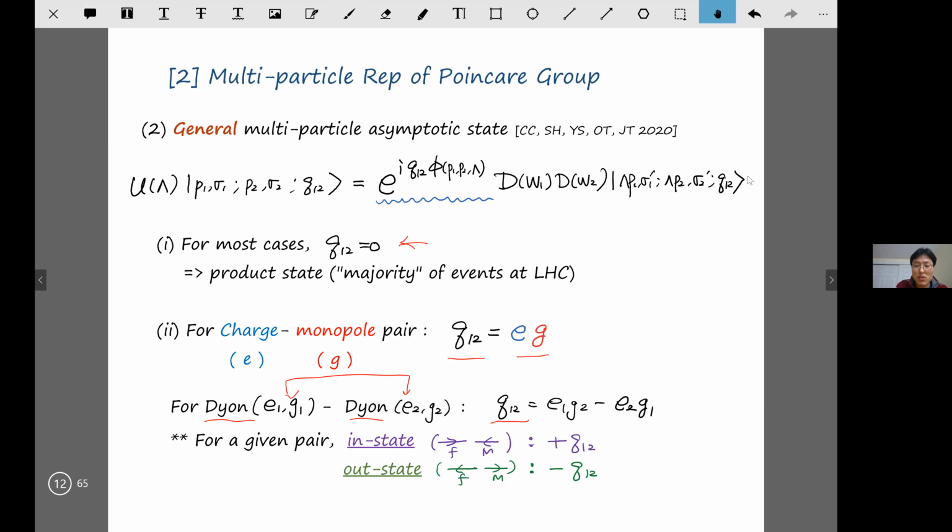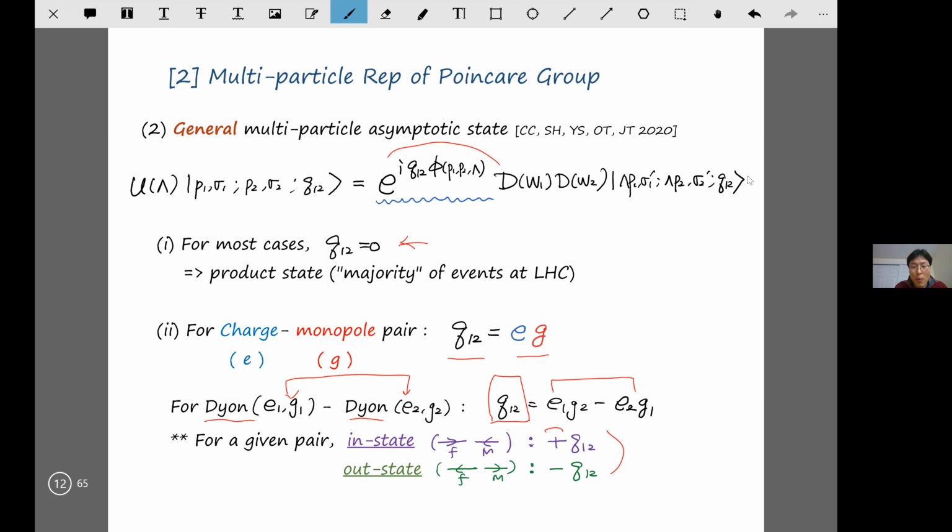And in passing, let me just mention without a proof that given Q, which is basically fixed once you know the electric and magnetic charge of the particles, when two particles approach each other, meaning in the in state, when the fermion and the monopole approach each other, then the relevant pairwise helicity factor comes with a plus sign.